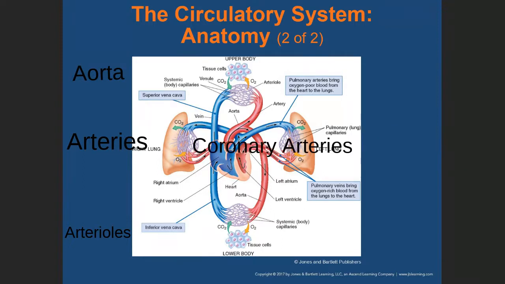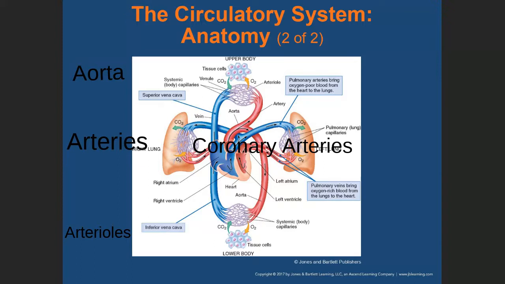Right, coronary artery supplies the heart muscle with blood, right? So primarily, all arteries will carry blood away from the heart. However, there's an exception. That exception is the coronary arteries, which supply the heart muscle with blood.